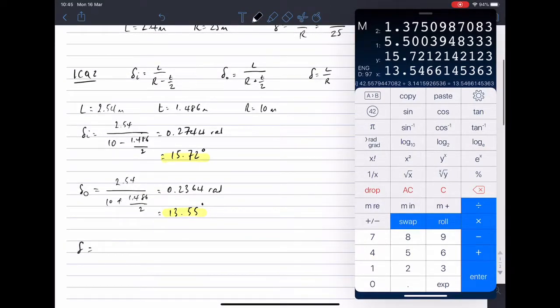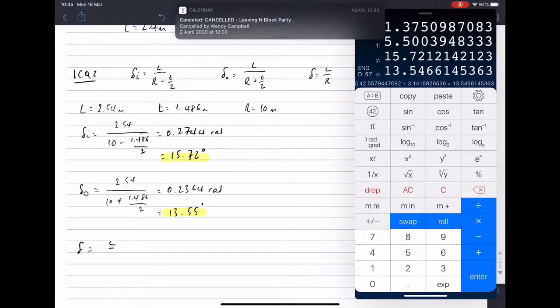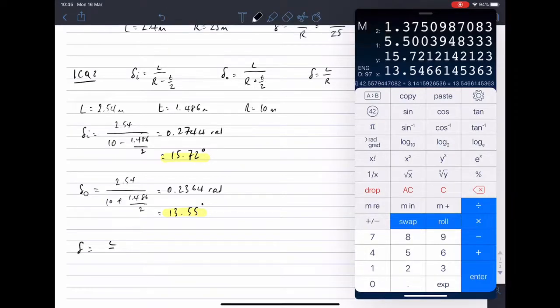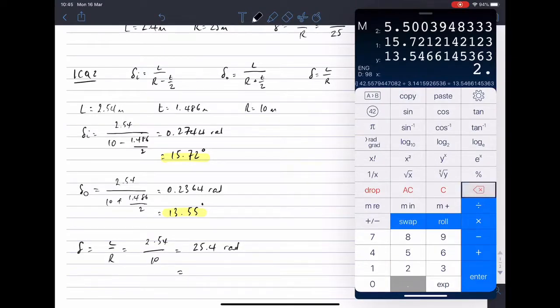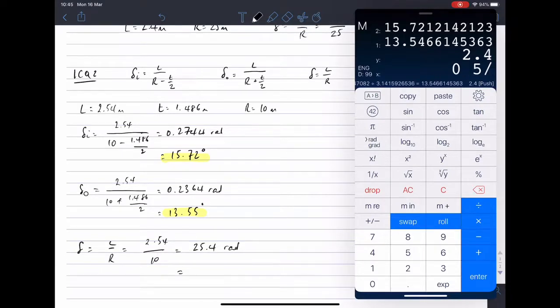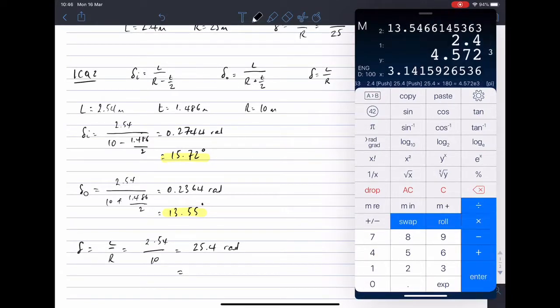Delta is simply L upon R. 2.54 divided by 10, which is going to be 0.254, clearly, radians.